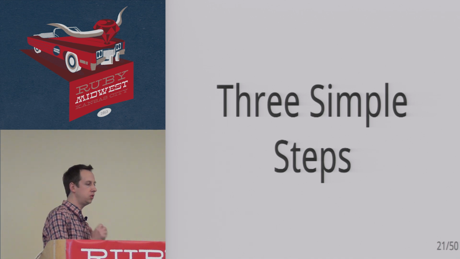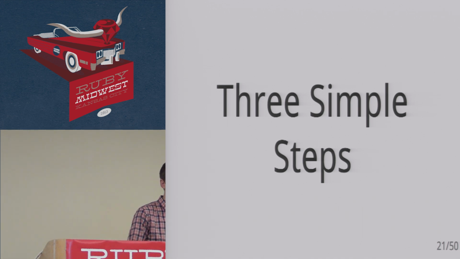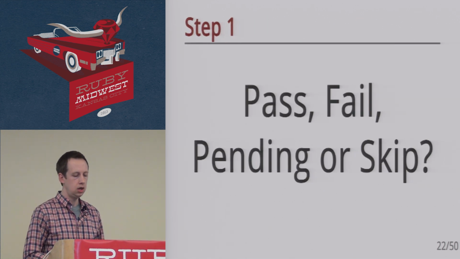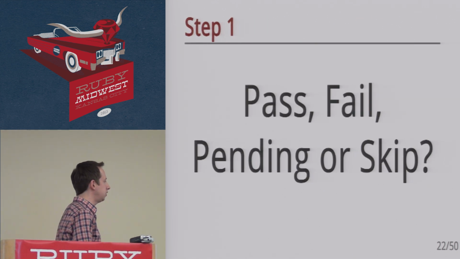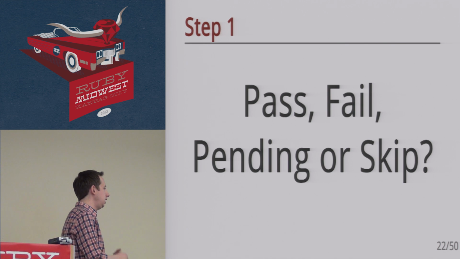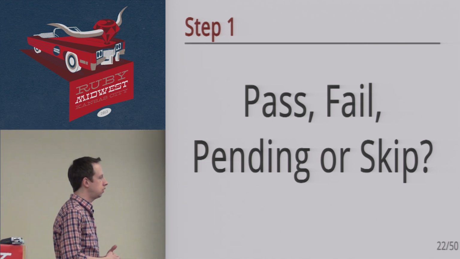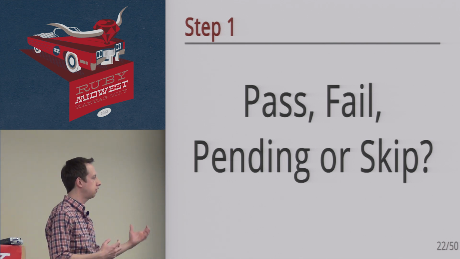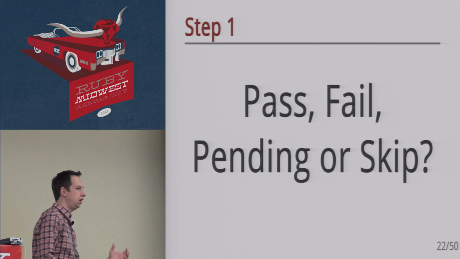Okay, so three simple steps to a test reporter, a basic test reporter, I should say. We first have to determine if it's pass, fail, pending, or skip. So we have to figure out, as the results come in, what is it? Is it pass, fail, pending, or skip?